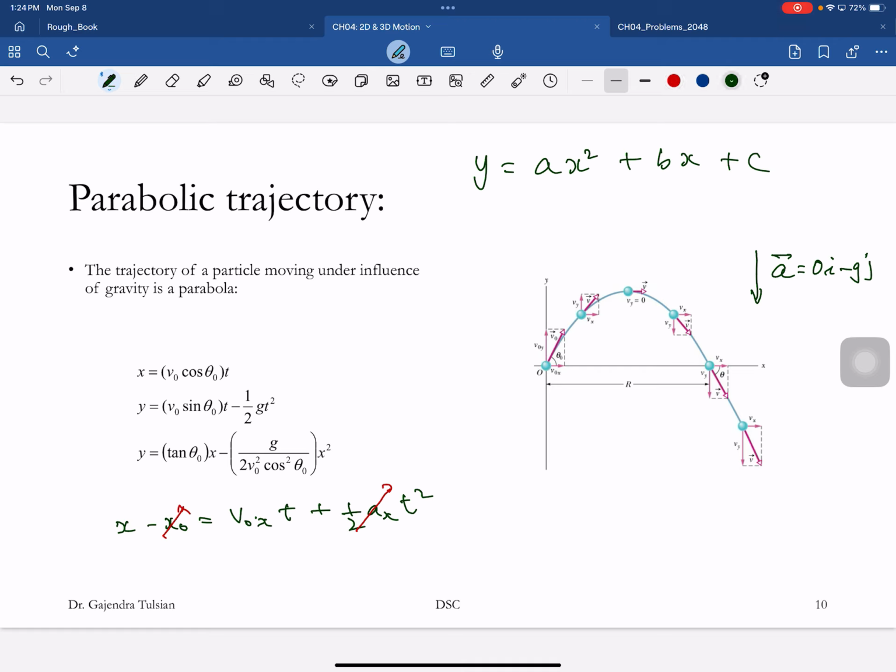So the x coordinate of this object after time t is given by that. After time t, if the object is there, the x coordinate is given by this formula.